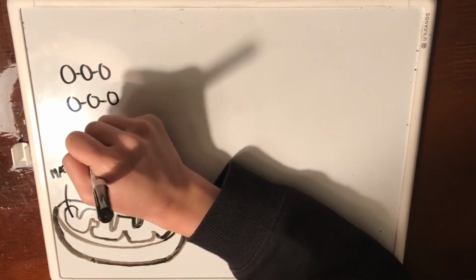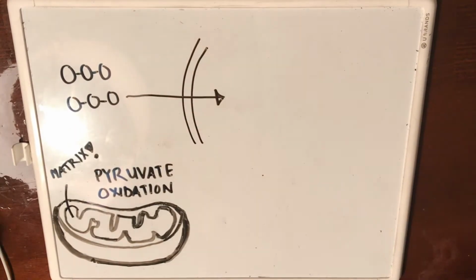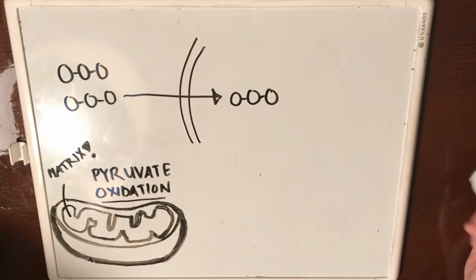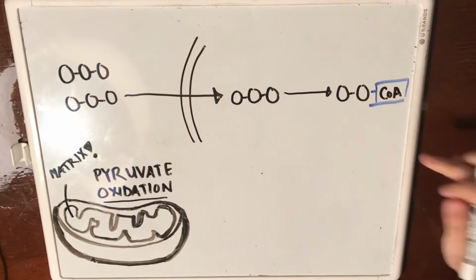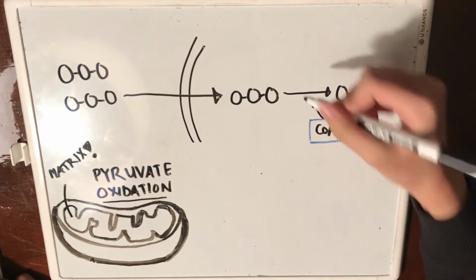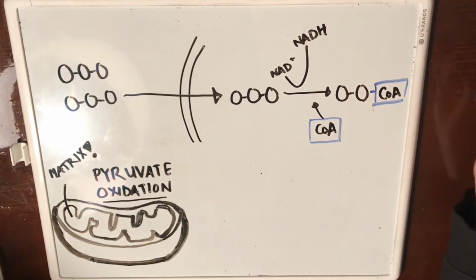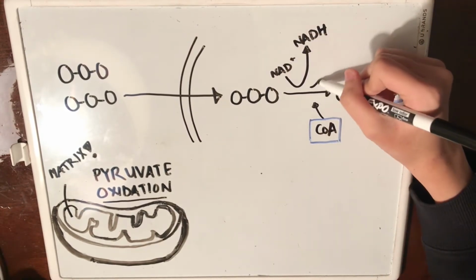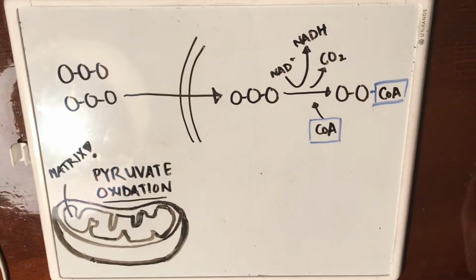Once the pyruvates have entered the cell's mitochondria, specifically the matrix, during this process 1 carbon is removed from each pyruvate by means of oxidation, creating the 2-carbon compound of acetyl coenzyme A or acetyl-CoA. At the same time, NAD+ reduces to become NADH, and the 2 carbons that were removed from the pyruvates combine with oxygen and are released as CO2, a waste byproduct thanks to decarboxylation.